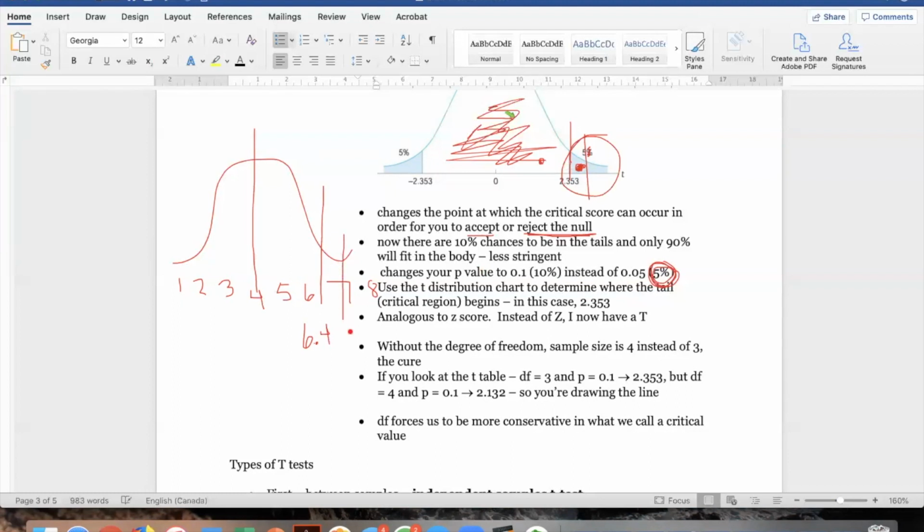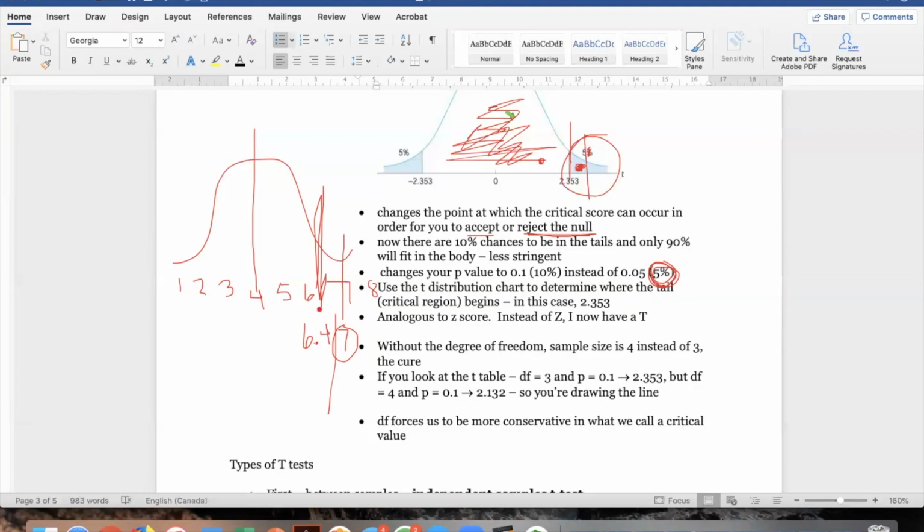Let's say the T stat is actually 7, your critical stat. Well, that puts it, if this is a p-value of 0.5, because this 0.5 represents the 95% that are in here, and then the 5% that are out here.